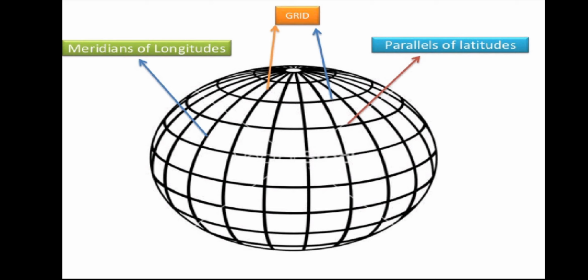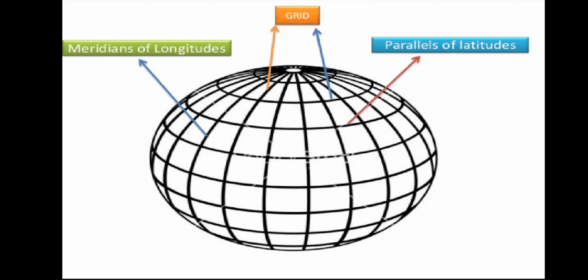So, before knowing the exact location of our country, let us first of all know, we might have studied in the junior classes also, about latitudes and longitudes. First of all, you need to know this.